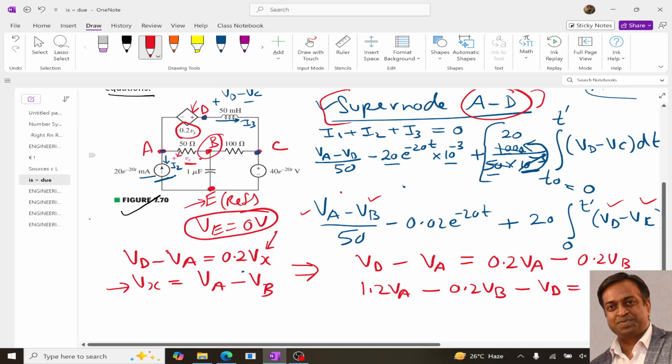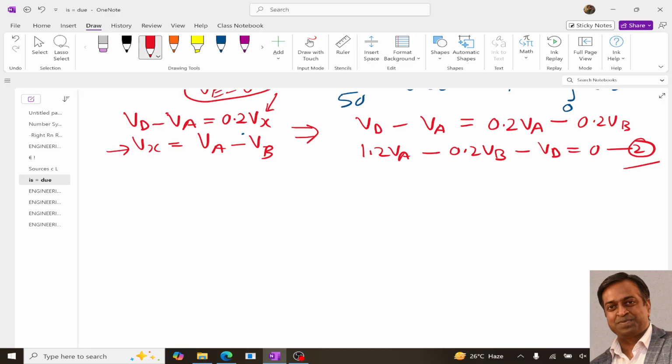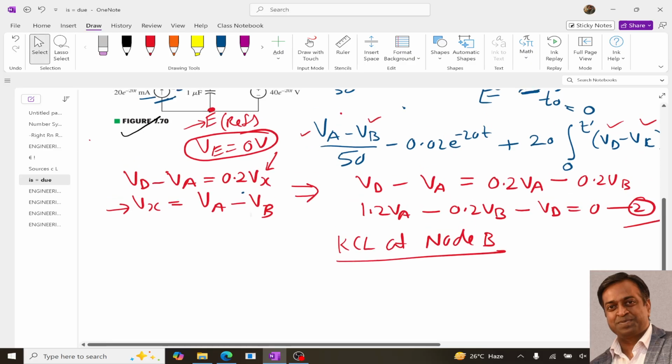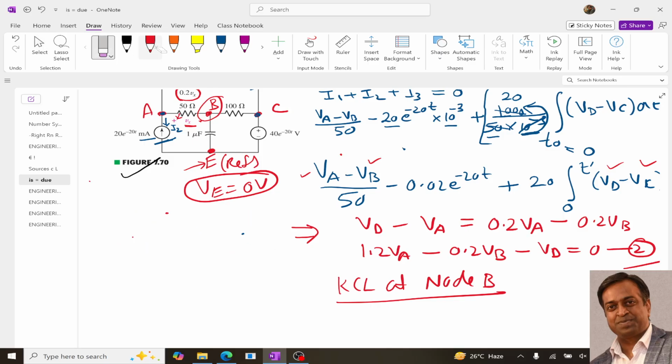Now let's consider node b. We apply KCL at node b. If I redraw this circuit for node b, you can see one resistance is this, c to b, which is 100.